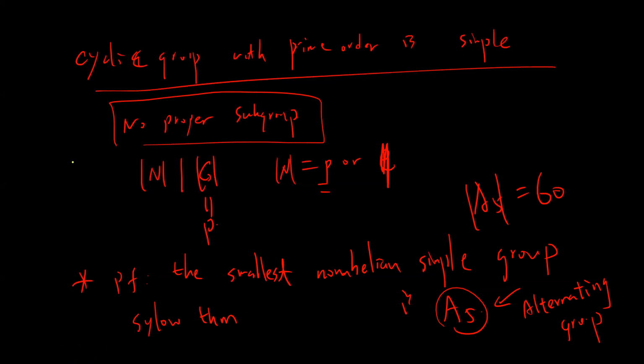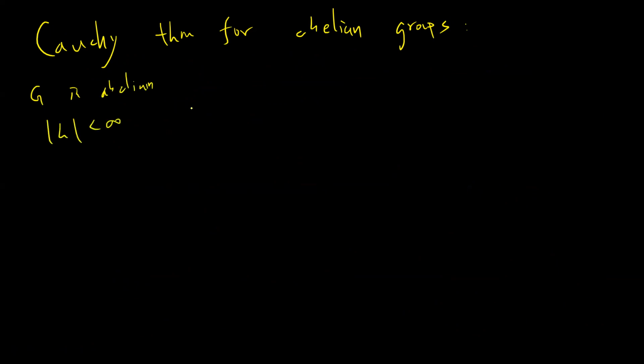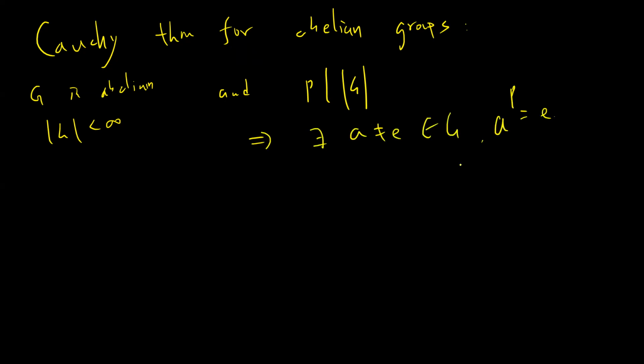Okay. But up to now we still have not seen what the application is. So today we prove the Cauchy theorem for abelian groups. What I am going to prove is that if G is abelian and G is finite, and also P divides the order of G, so basically the order of G has some prime factor P, then there is an element A in G, not the identity, such that A to the P is the identity.